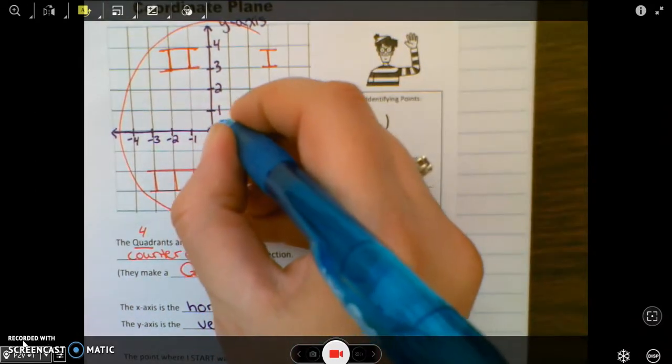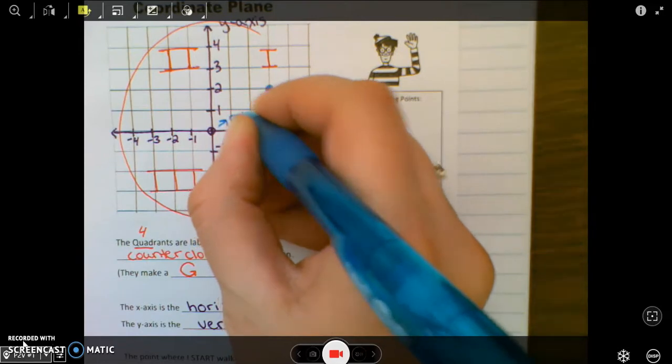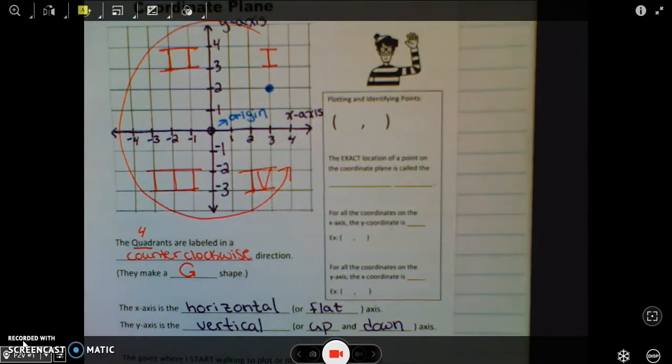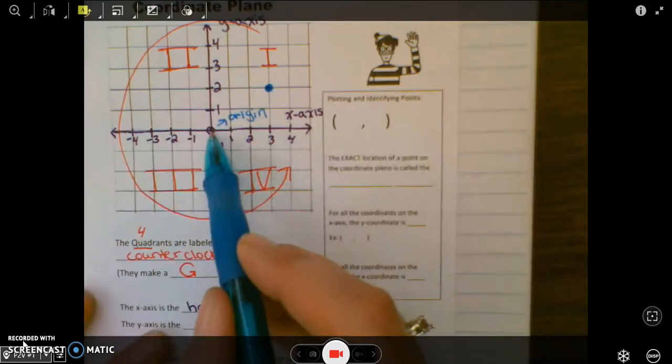That middle point is called your origin. And it's called your origin because when you are trying to give directions to a point or to plot a point yourself, that's your starting point. So origin means beginning. It's where you begin. So I'm going to start right here in the middle at the origin.